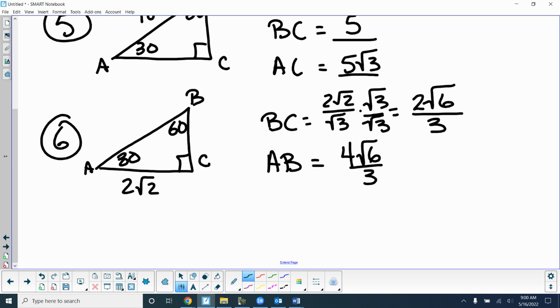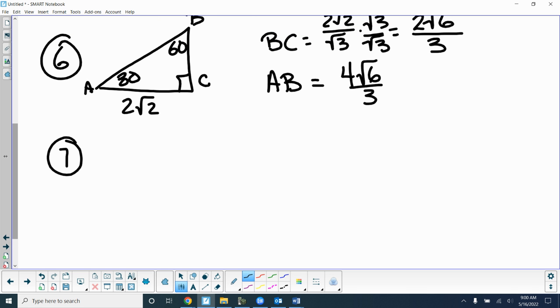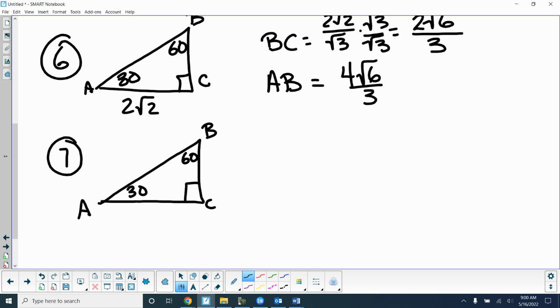Number 7. Exact same problem, except AC's different number this time. This time AC is 5 radical 5. So it's the same thing, though.